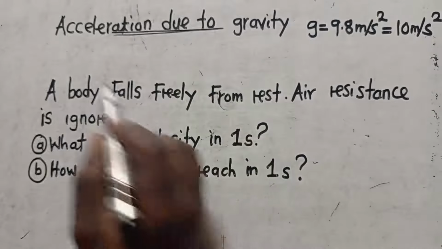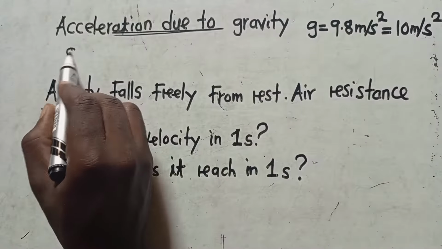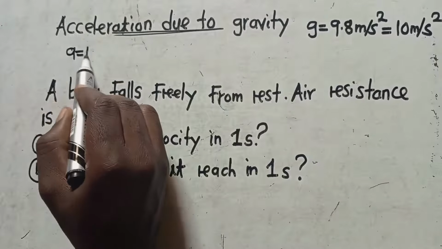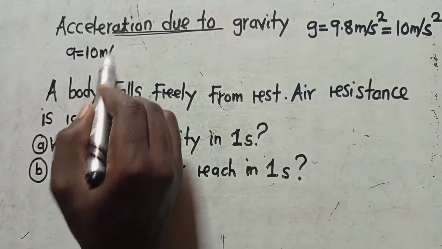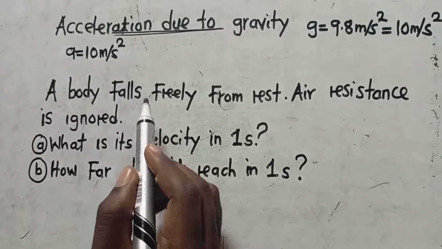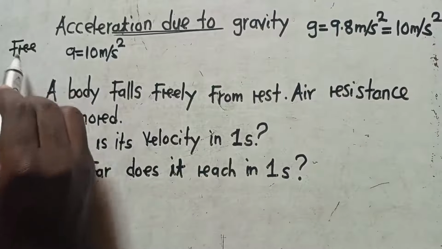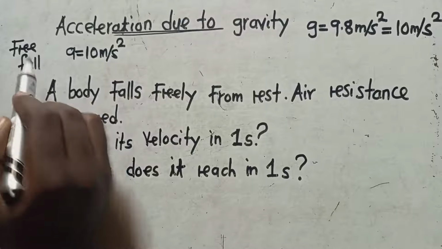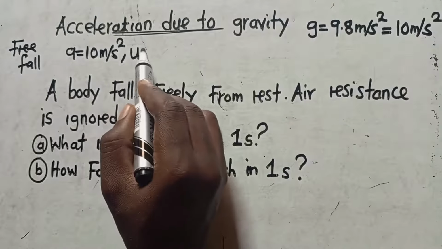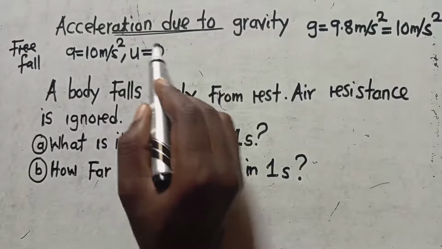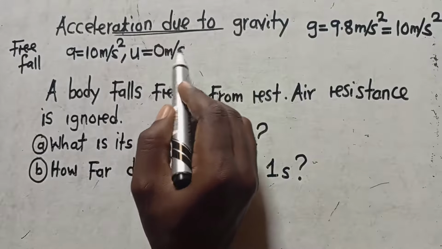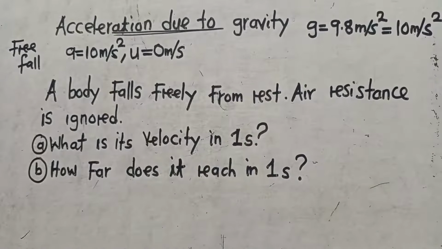The acceleration due to gravity of a free fall is approximated to be 10 meters per second squared. Since it is free fall, we also have initial velocity, which is 0 meters per second. This is the data that you are supposed to know.